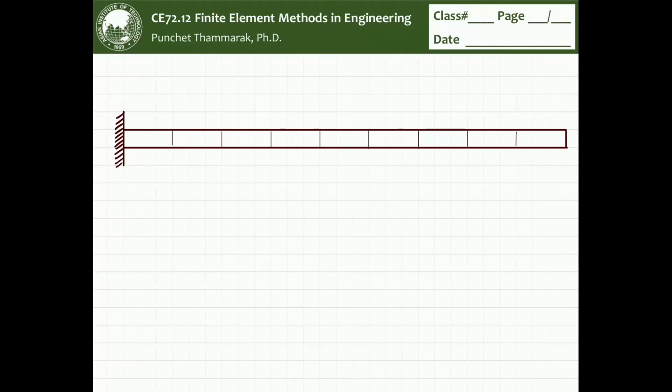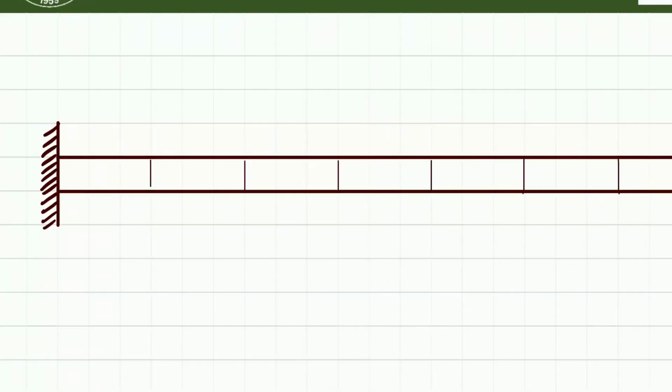I'd like you to do the quadratic interpolation functions.